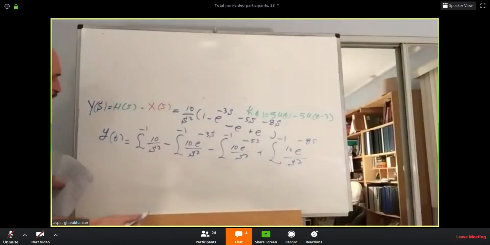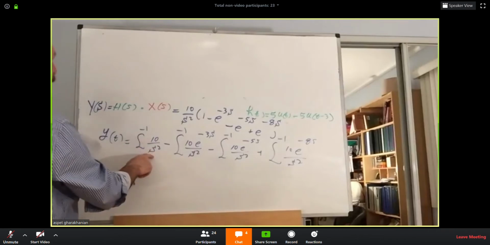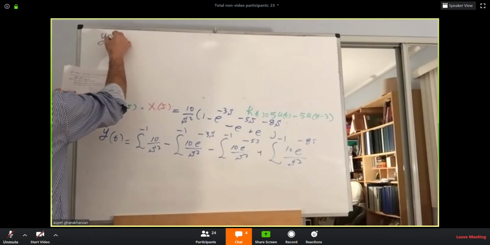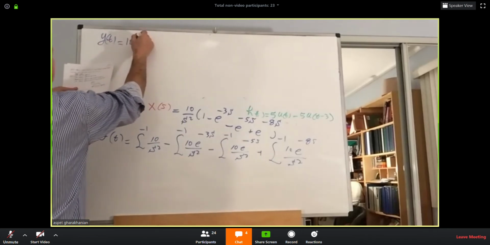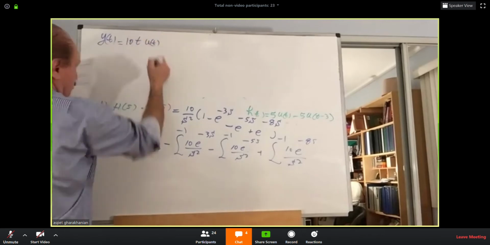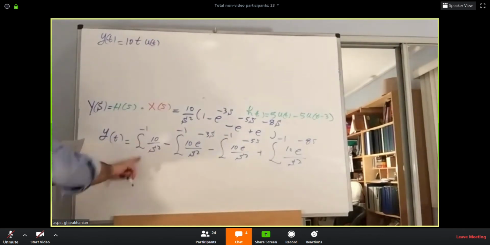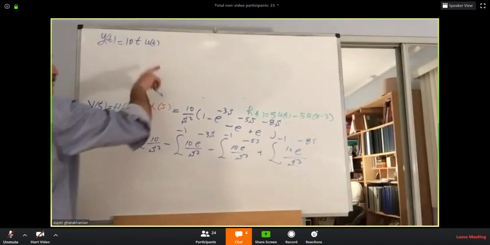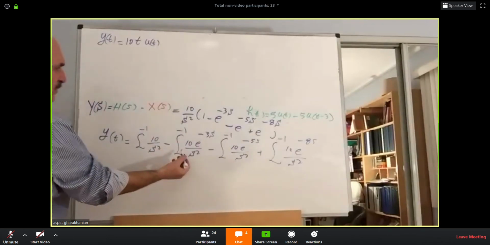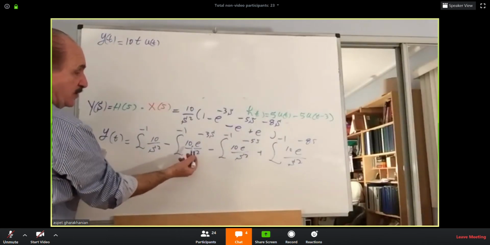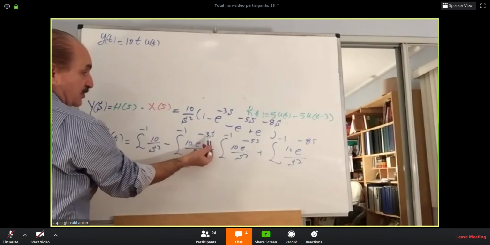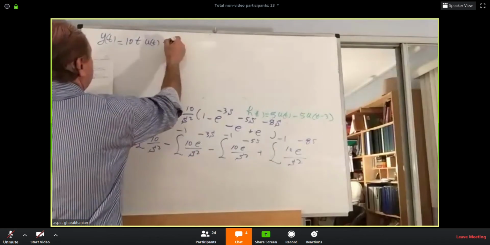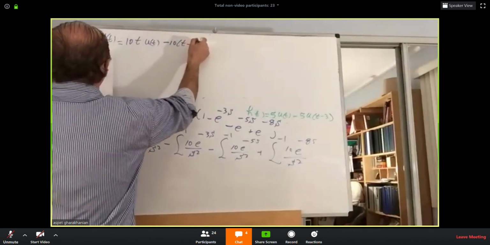From the tables, looking at each function, 10 over s squared will be y of t equal to 10t u(t). It's the ramp. Remember, 1 upon s squared would be t u(t), so 10 would be 10t. It's a line. This one is again a line because it's s squared, but it is shifted by 3 seconds, with 10 units, so it is minus 10(t minus 3)u(t minus 3).